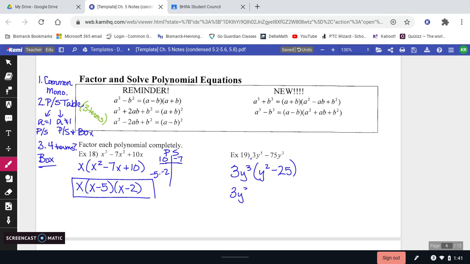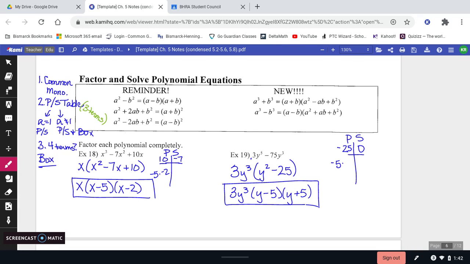Well, you might recognize that as a difference of squares pattern. So if you do, you can factor that, y minus 5 and y plus 5. If you don't recognize that as a perfect square pattern, multiply to get -25, add to get 0, and then there's your -5 and +5.